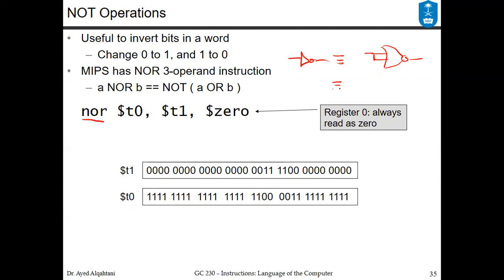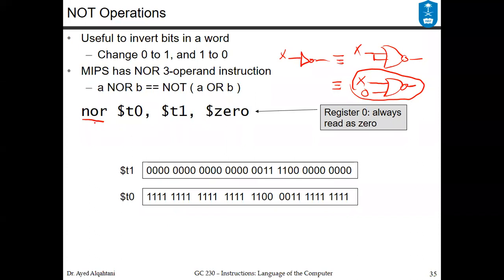It's also equivalent to the NOR with one variable. If this is X, then this is X here. The variable that you want to invert is entered as the first input, and the other input you have only 0. This works and this works. In our implementation, we use this.